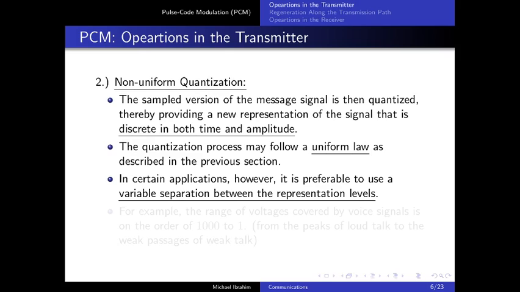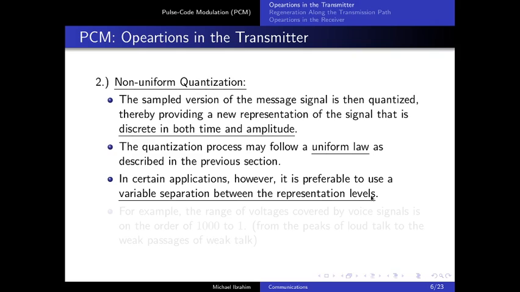But in certain applications, it's preferable to use a non-uniform quantizer, where we have a variable separation between the representation levels. If you remember, we had the so-called representation levels V1, V2, and V3 up to VL. These levels represent the discrete levels allowed at the output of the quantizer. In the uniform quantizer, we have constant or fixed separation between these representation levels, whereas in non-uniform quantizer, we have variable separation between representation levels.